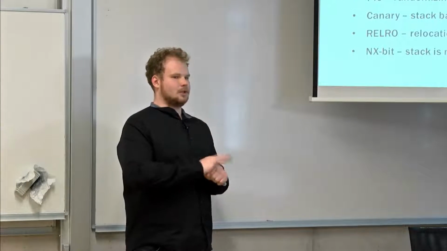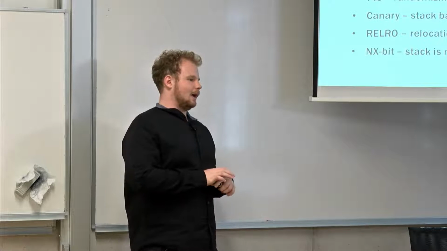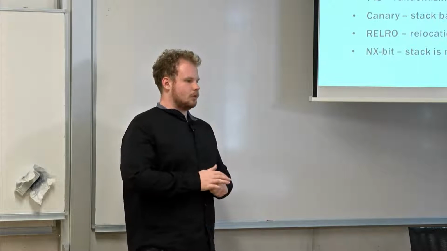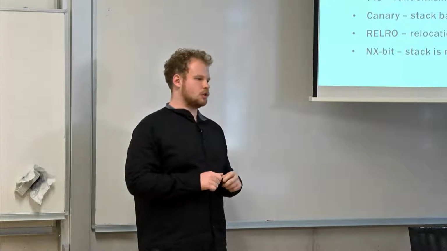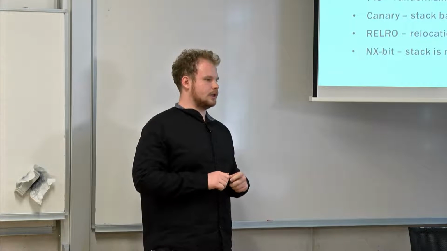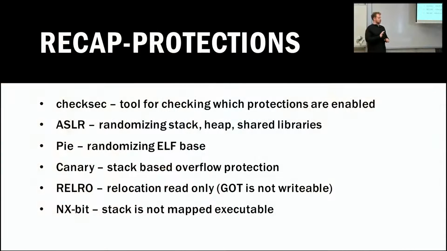Okay, so protections. As I said before, we were talking about system-wide and binary-specific protections. Here we have listed ASLR, which is system-wide protection. It randomizes stack, heap, and shared libraries. What does that mean?